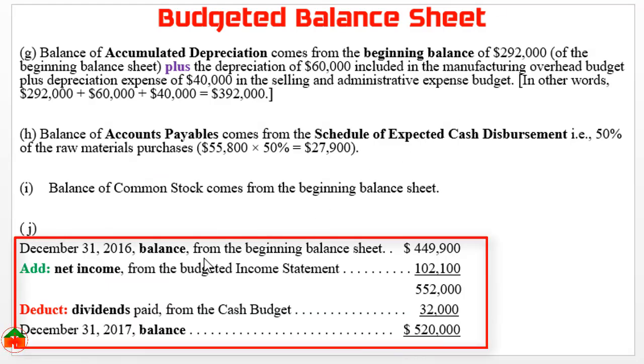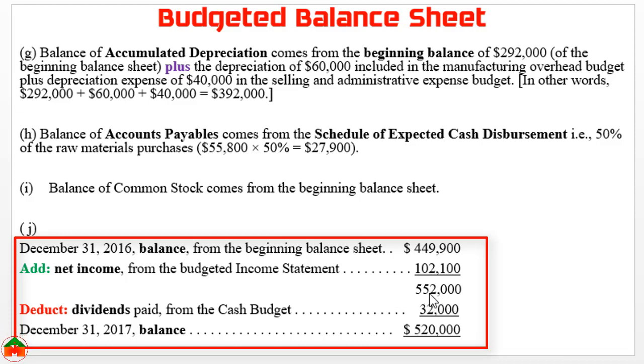This dividend payment would be deducted from the retained earnings to get the closing balance. In the first line we will show the beginning balance of retained earnings, which is 449,900. Then we will add the net income from the budgeted income statement, which is 102,100. If we add these two items, we get 552,000.